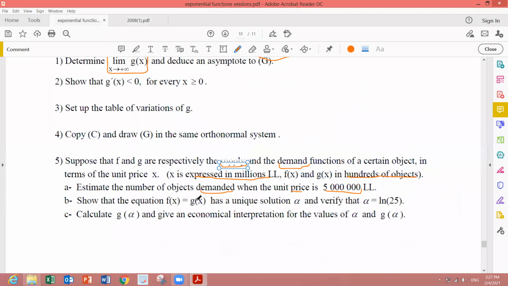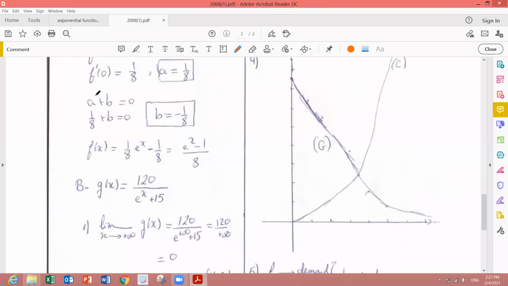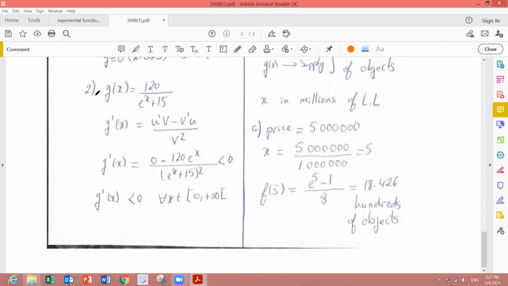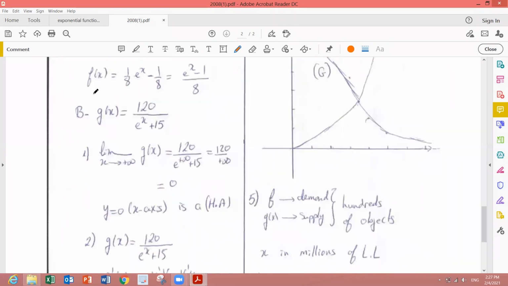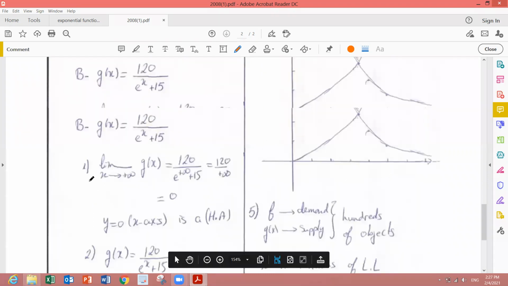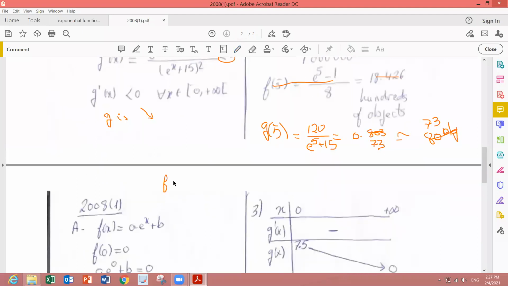How to verify that fx equals gx has a unique solution? We solve fx equals gx.